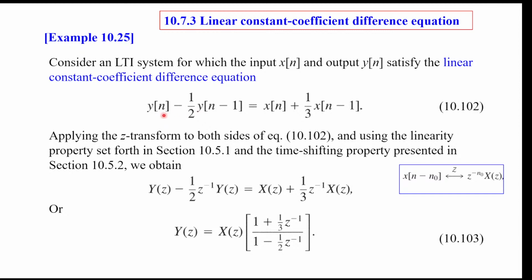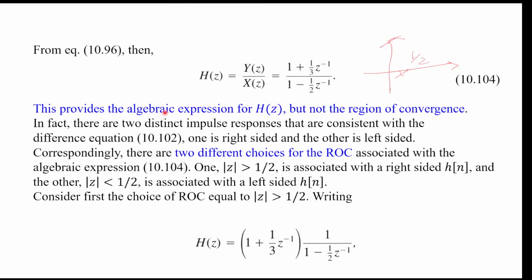We still need some auxiliary condition. For example, if we say our system is causal, then your ROC must be outside of the outermost pole. For this system there can be two different ROCs, because there is one pole at 1/2.